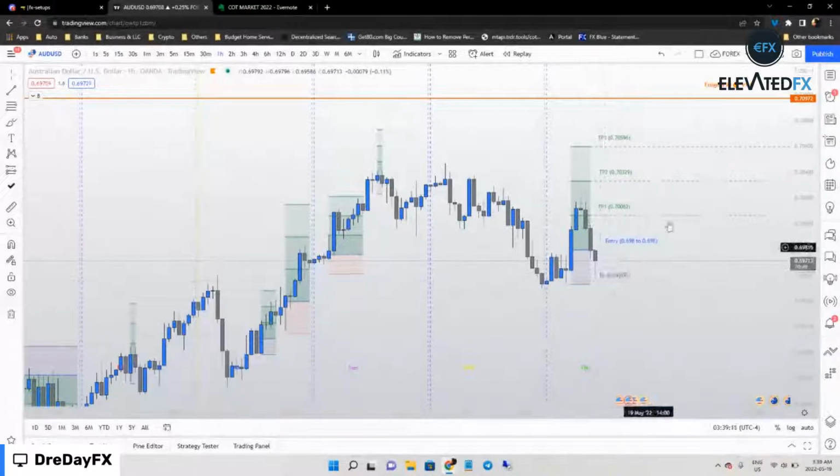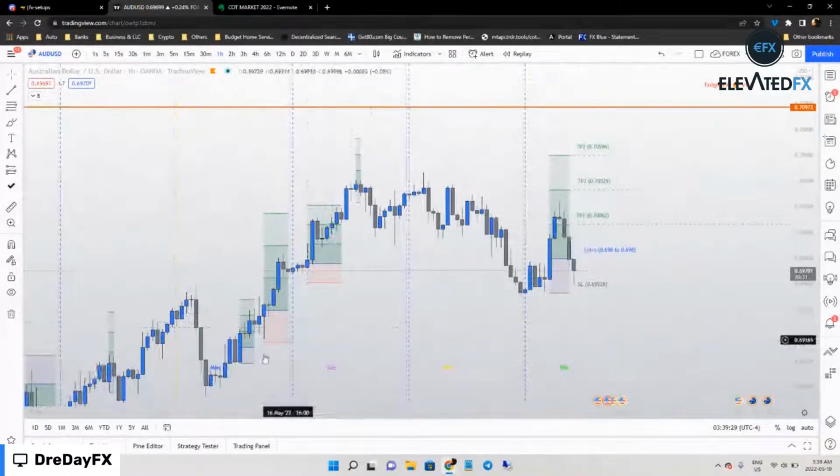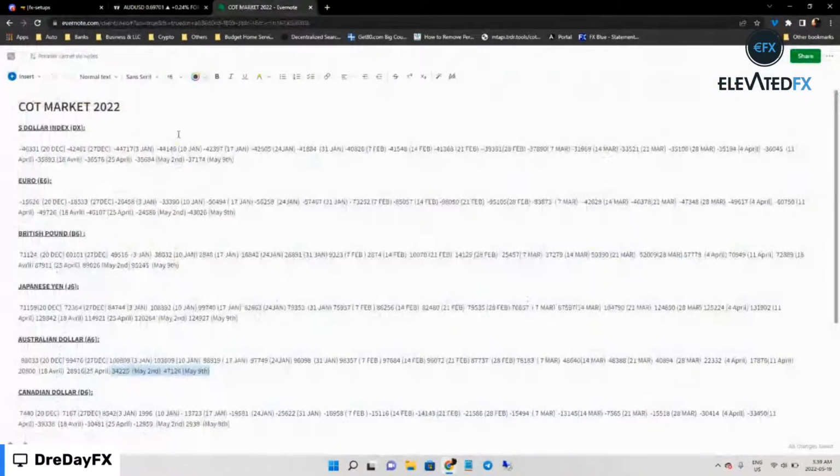And now we're going to see exactly how it goes. It didn't hit the stop loss yet, but based on my personal trade, I would have been out of the market already if I took that trade. But hopefully you get the gist of how I look at the commitment of traders and how I use it.